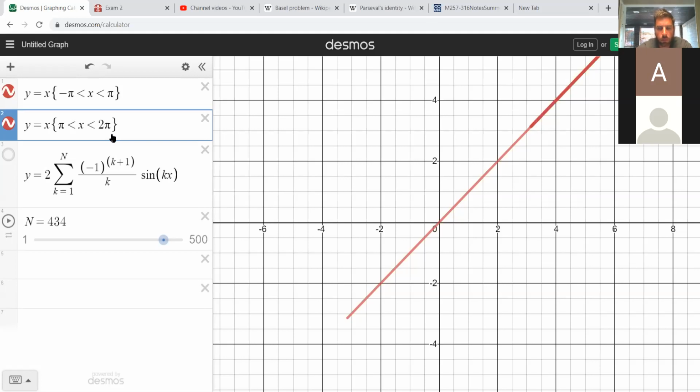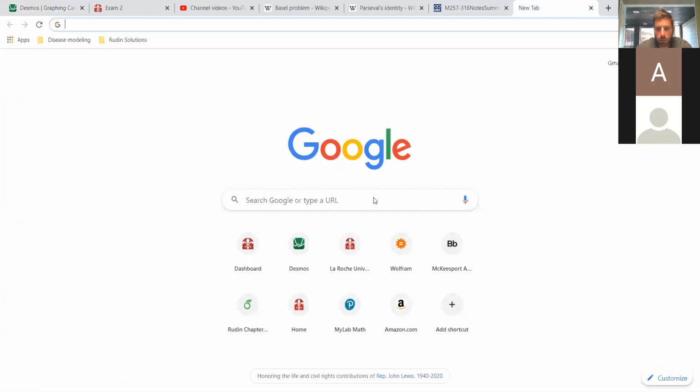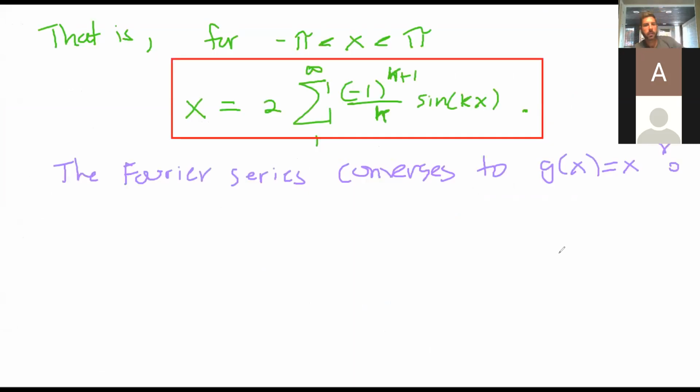Instead of doing it this way, since I'm hitting the wrong button, let me go back to our whiteboard, that way you have it. So the question you're asking is, in the problem, it says negative pi to pi, but then in the first part, I say extend it wider, because what I want you to do is see the bigger picture. So when I say extend it wider, what I mean is this.